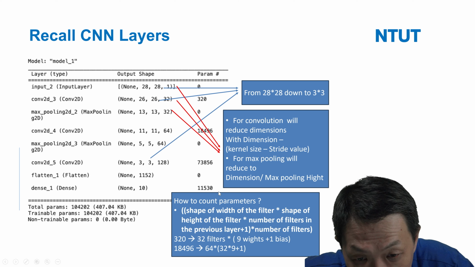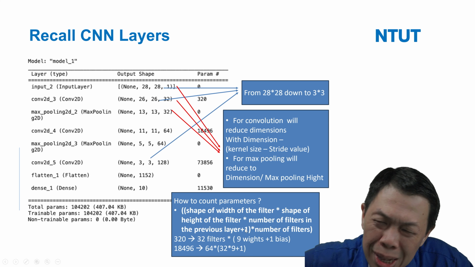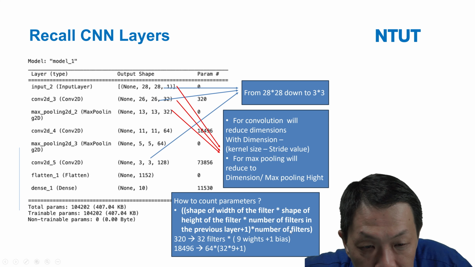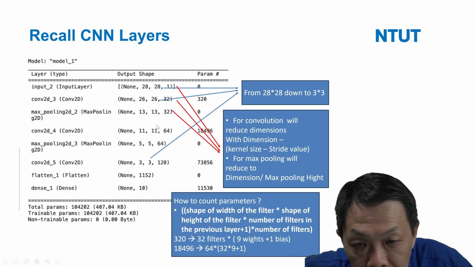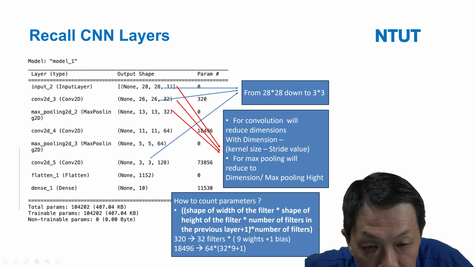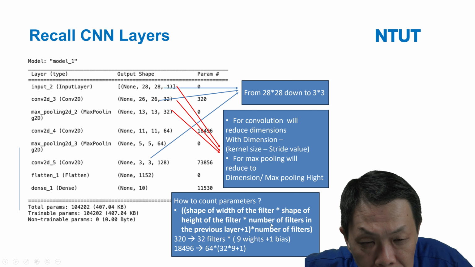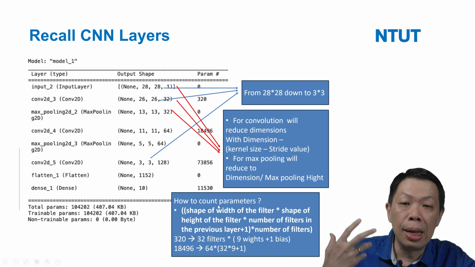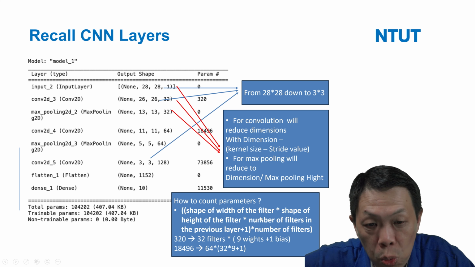And how to calculate the parameters, we also provide an equation here. We will not prove the equation, but it's based on the number of filters, which, you remember, in the first layer we have 32, next layer we have 64, finally we have 128, multiplied by (the previous layer's filters multiplied by the dimension, which is height and width), and +1 is a bias.